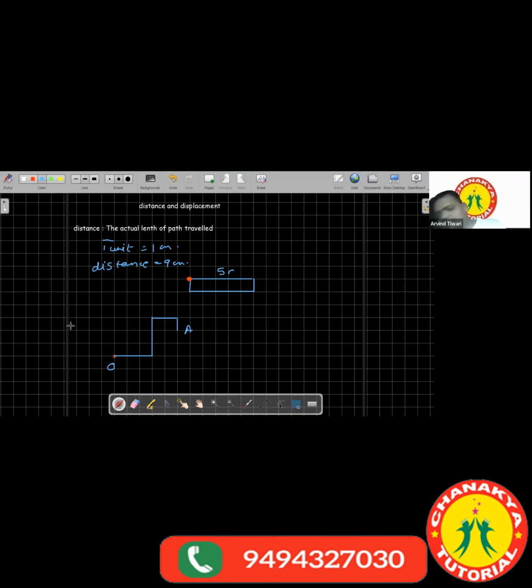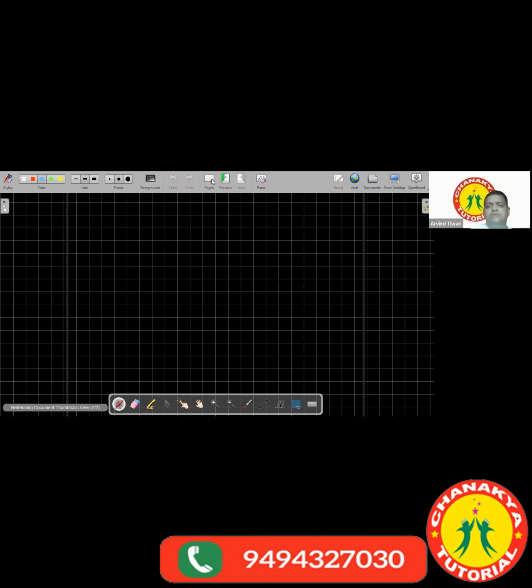So let's have another. Suppose I am traveling on a number line. Let's say now I have a number line and let this be the origin. For your simplicity, I am marking all the units. So you have 2, 4, 6, 8, and -2, -4, -6.